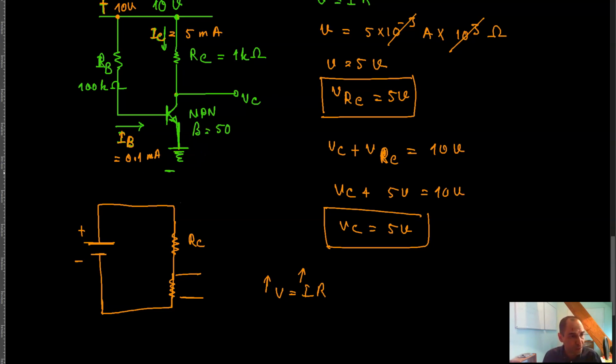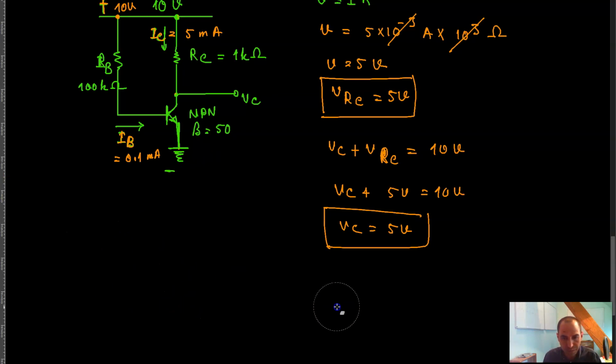Now, what's important here is that you can actually use this transistor as a closed mechanical switch, meaning that you can close and open the switch if you can adjust all of these values in such a way that the voltage drop across the collector emitter junction of the transistor is 0 volts.